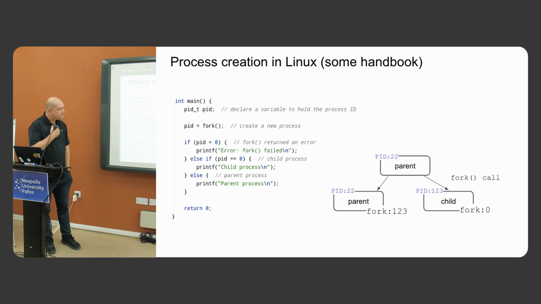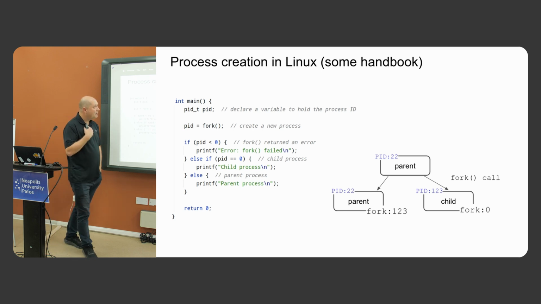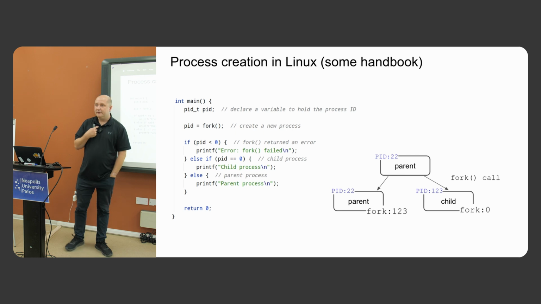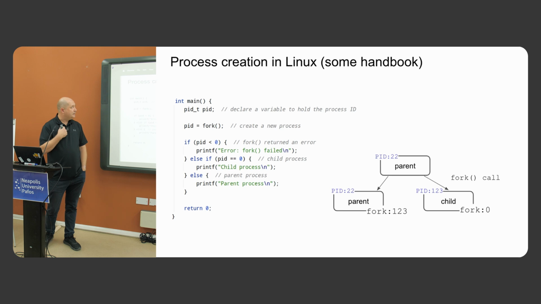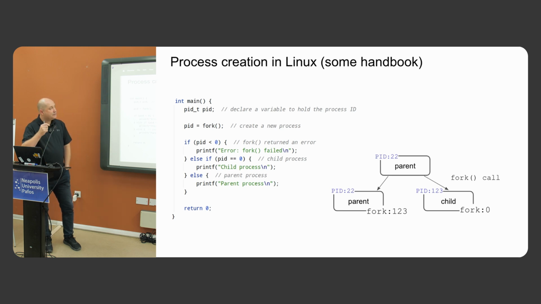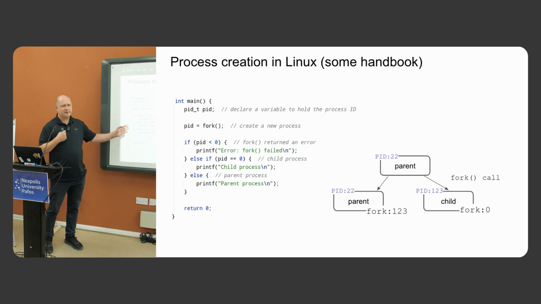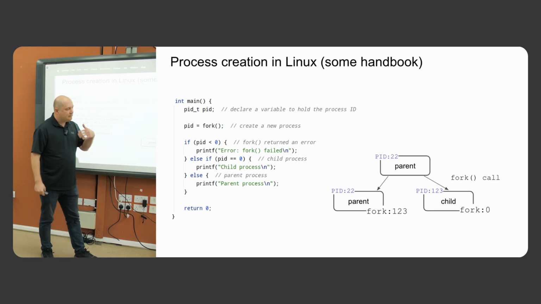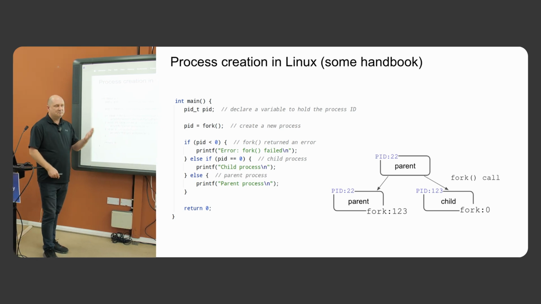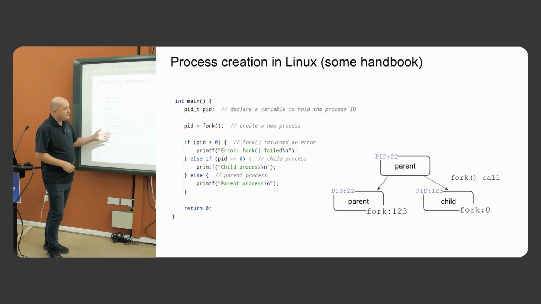Let's move on. If we go to some handbook and have a look at the chapter or section which explains how to create processes in Linux, you will see something like this, right? They say everything is just a copy of the parent, and the interface is like this.